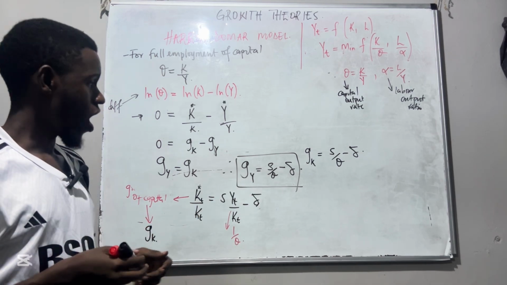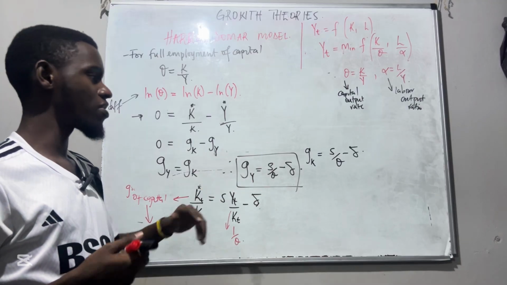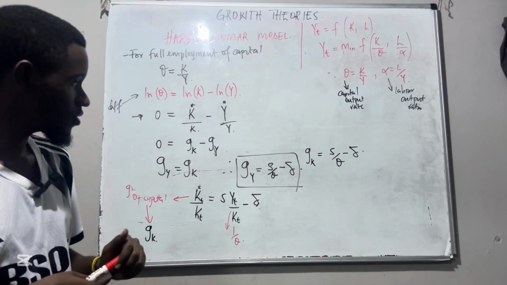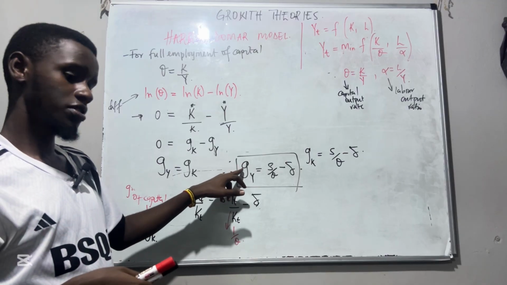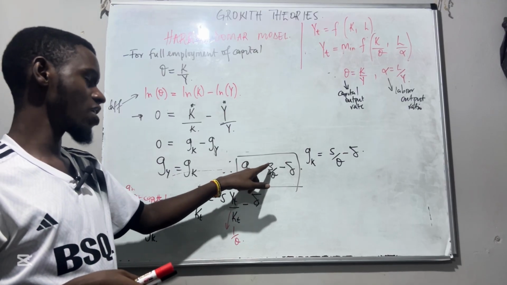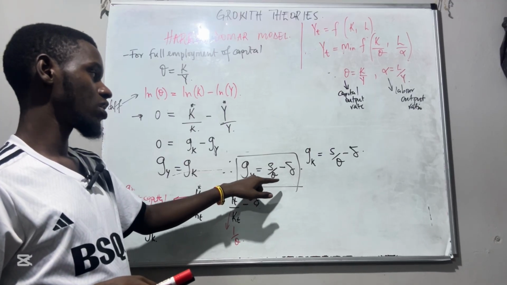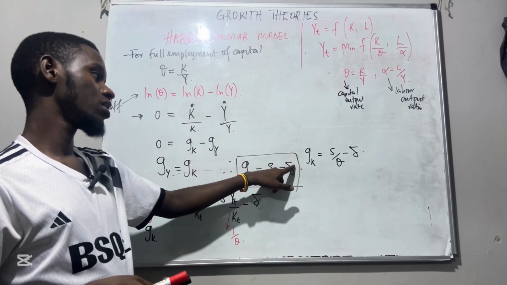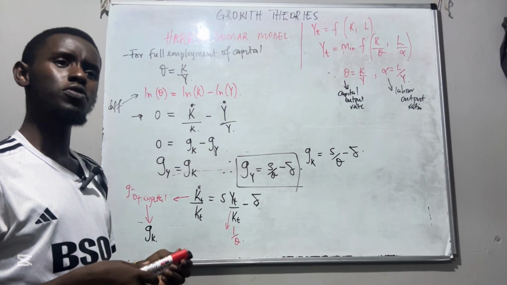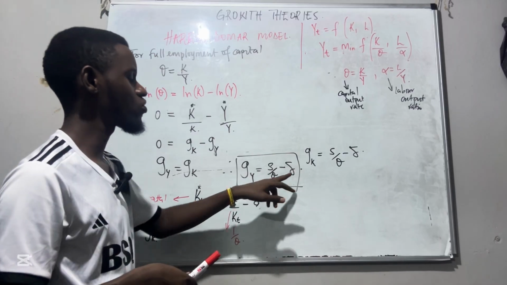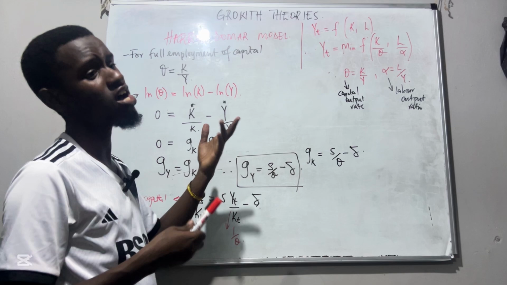Now, I can also take you through the implications of this model. From this model, we see that in order to increase the growth rate of output, we have to either increase saving, or use our capital efficiently, or reduce depreciation. But as policymakers, it's always hard to reduce depreciation because depreciation has to occur.